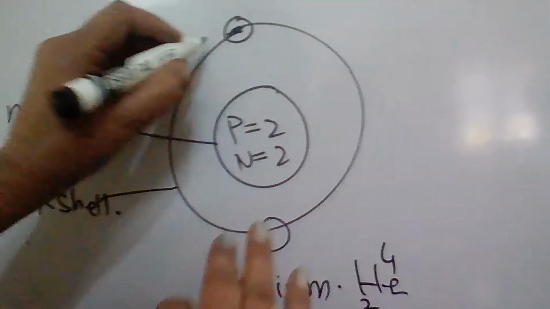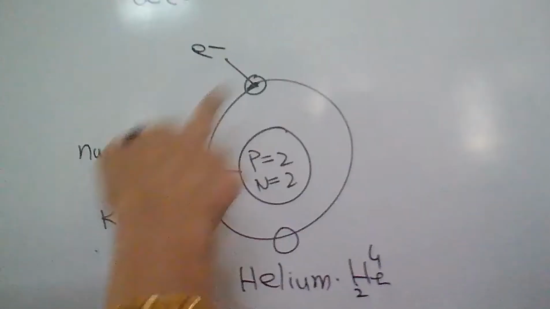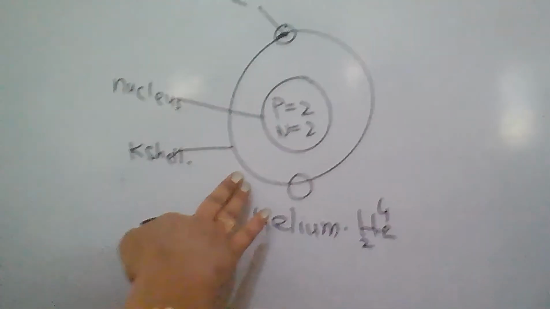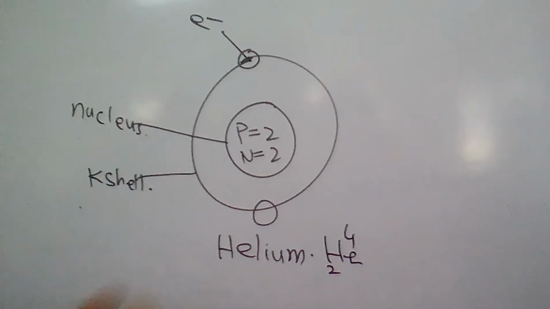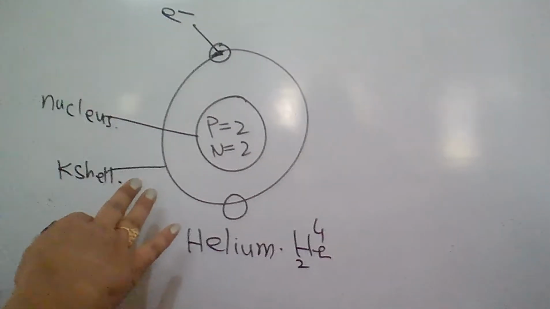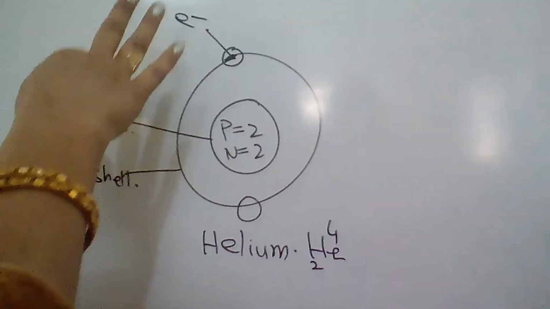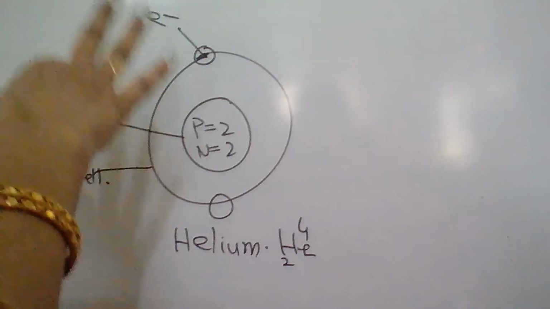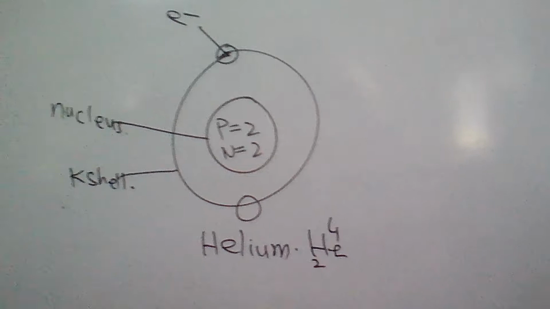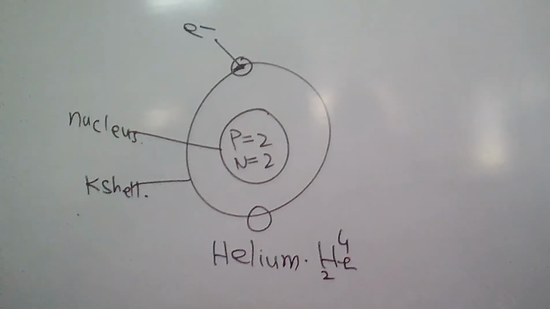Electrons are revolving around the nucleus in circular paths, and these circular paths are called shells or orbits.